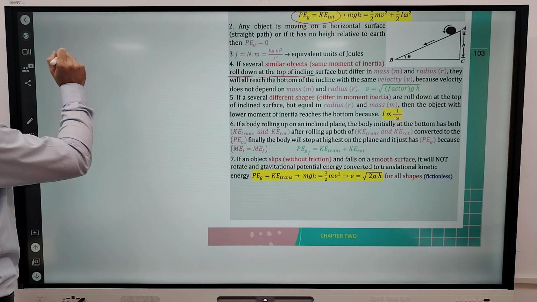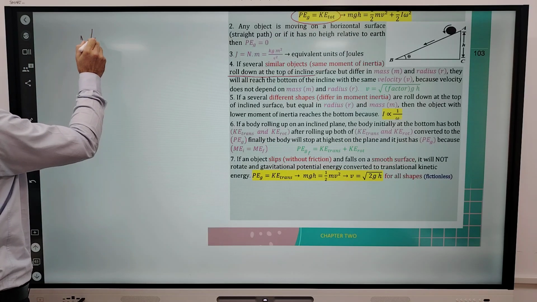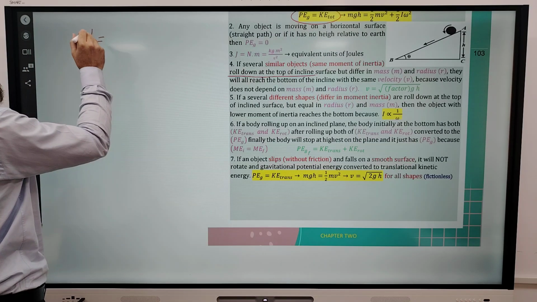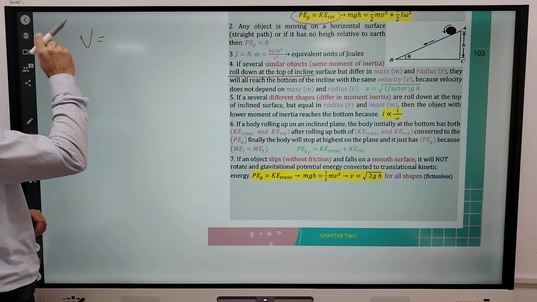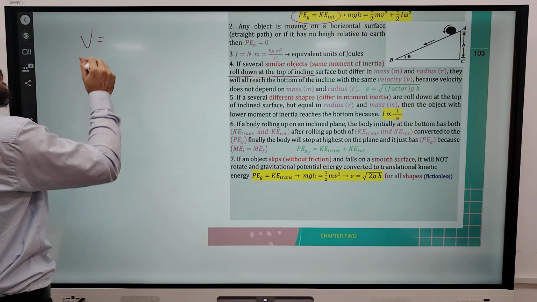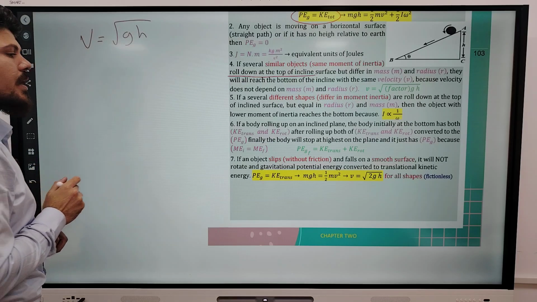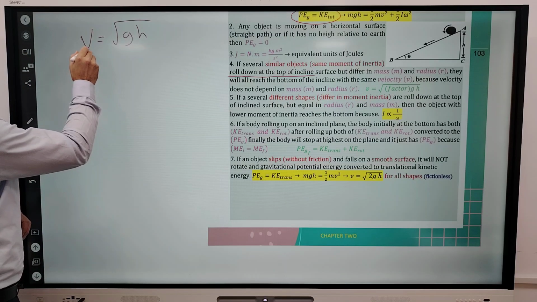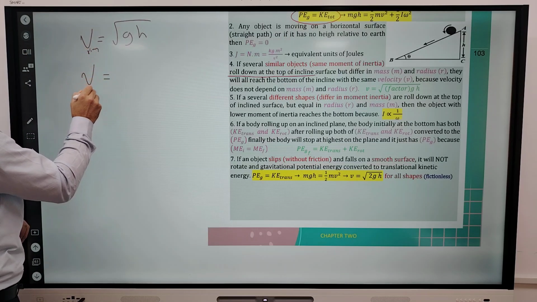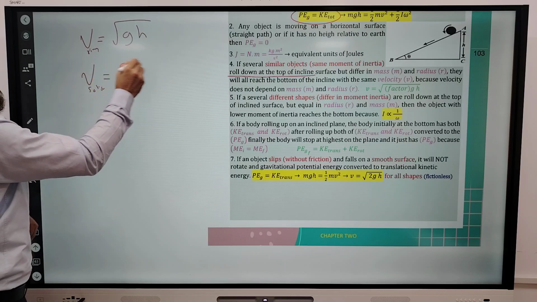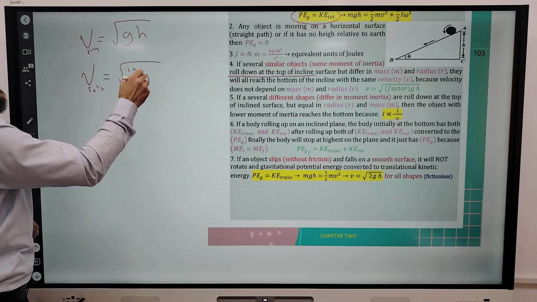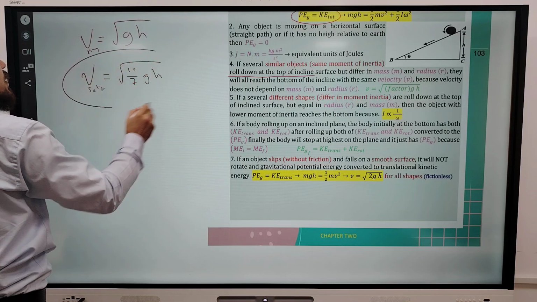For example, the speed of the ring or thin hoop at the bottom of the incline is equal to the square root of gh. This is for the ring. The speed of the solid sphere is equal to the square root of 10/7 gh.